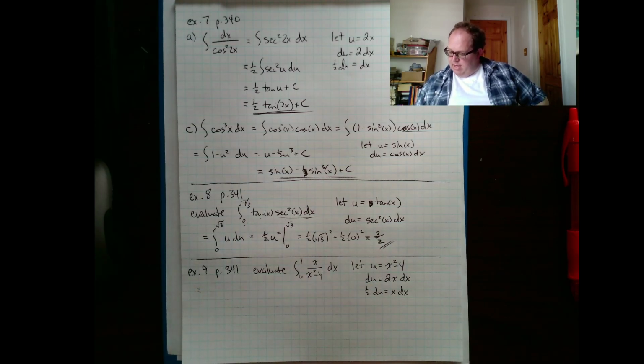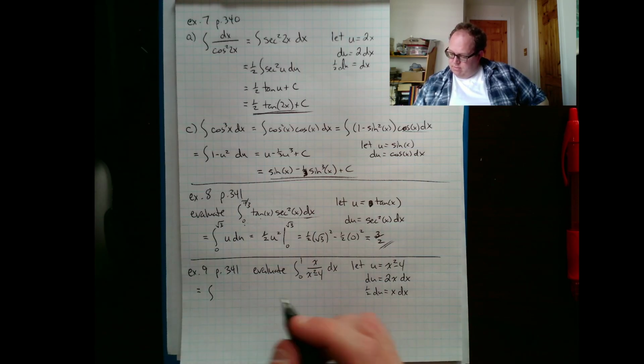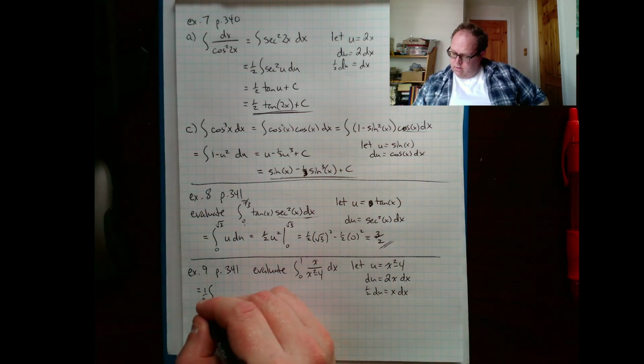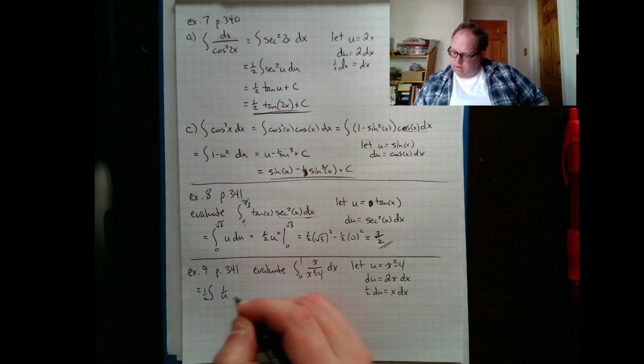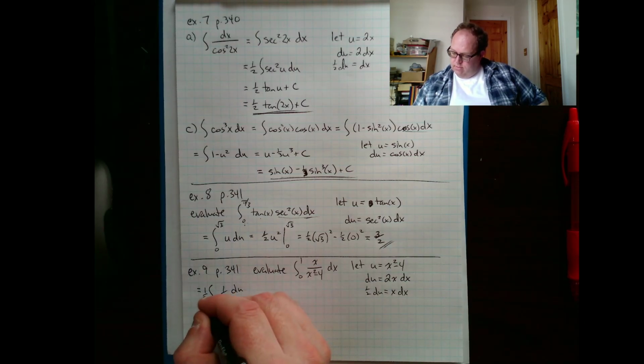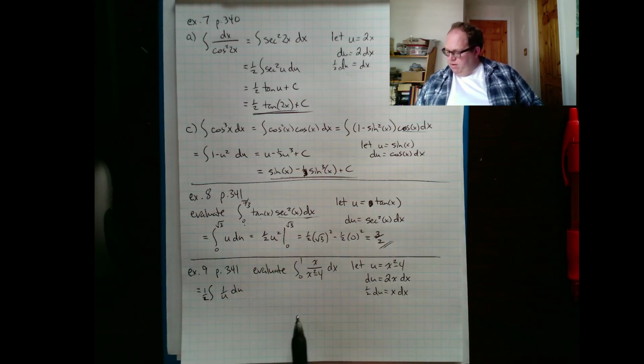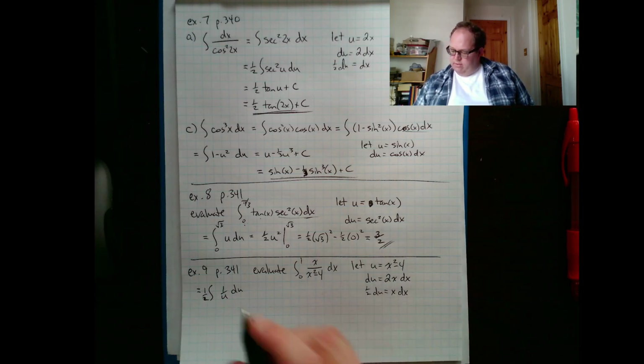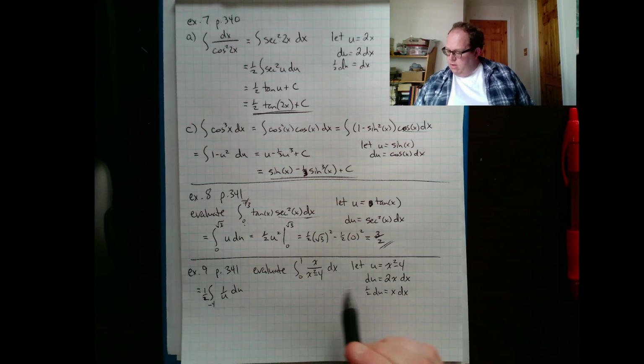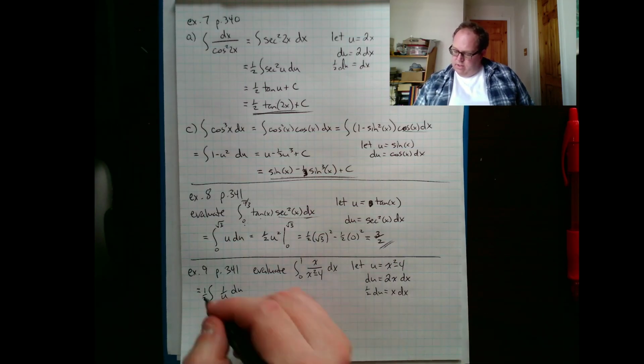So this then becomes an integral of, effectively, 1 over u du. But my limits of integration now, when x equals 0, u is going to equal negative 4. When x equals 1, u will equal negative 3.